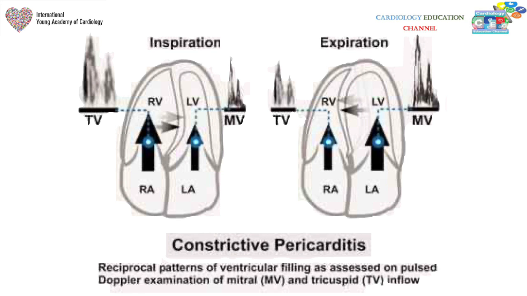As you can see here, putting the pulsed wave Doppler on the mitral and the tricuspid, there is marked variability between inspiration and expiration. With inspiration, the tricuspid valve velocity increases, and with expiration it decreases. But the opposite occurs with the mitral valve, where with inspiration it decreases and it increases with expiration, more than the previously mentioned 30% for the mitral and 40% for the tricuspid valve.